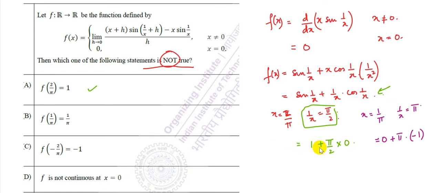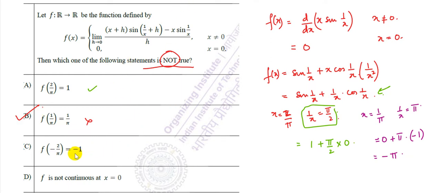So that means the expression for this will be equal to negative pi. So the second one is incorrect. So this is not true. So this is your answer. Now you can work out the rest.